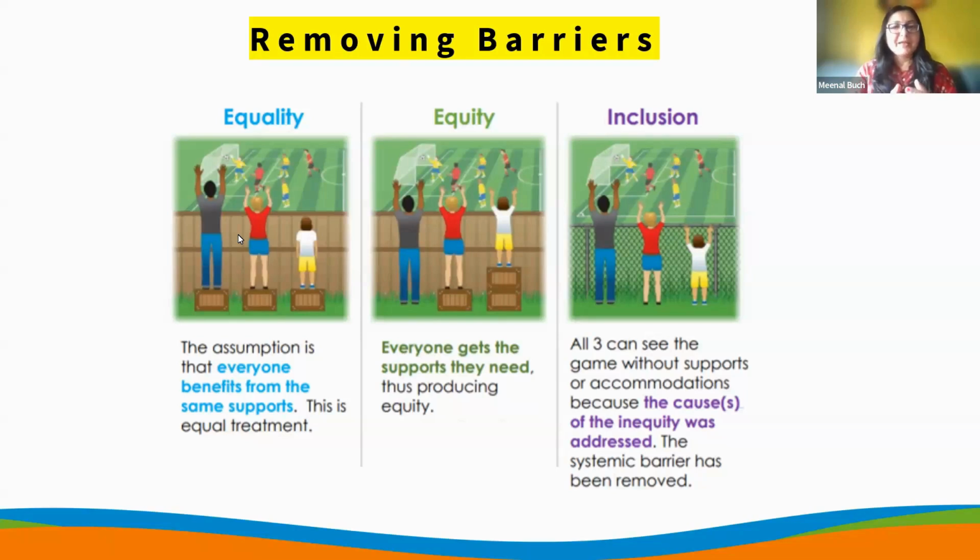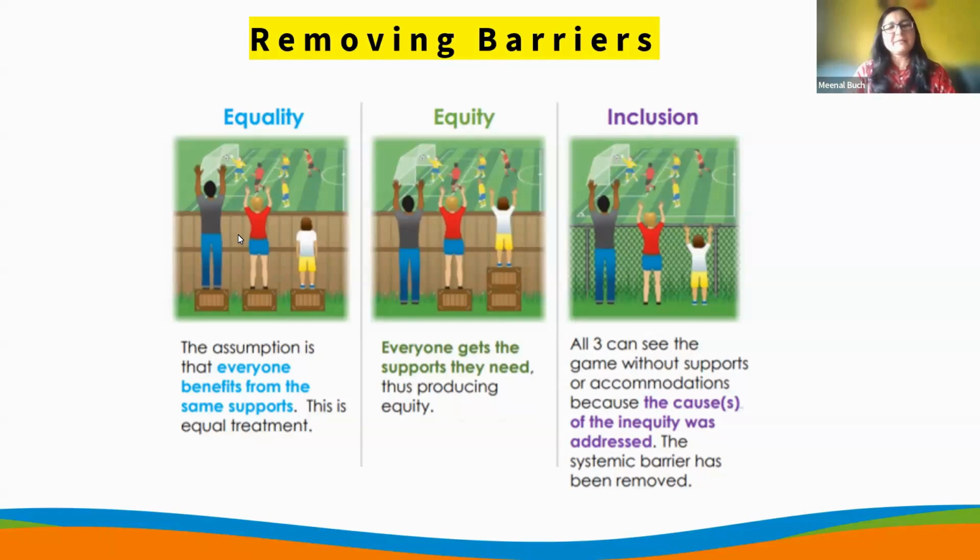So equity. And then even better, moving further, is inclusion. So we just remove the barrier. Whatever is causing this difference, we remove the barrier. For example, we have these screens through which we all teach.